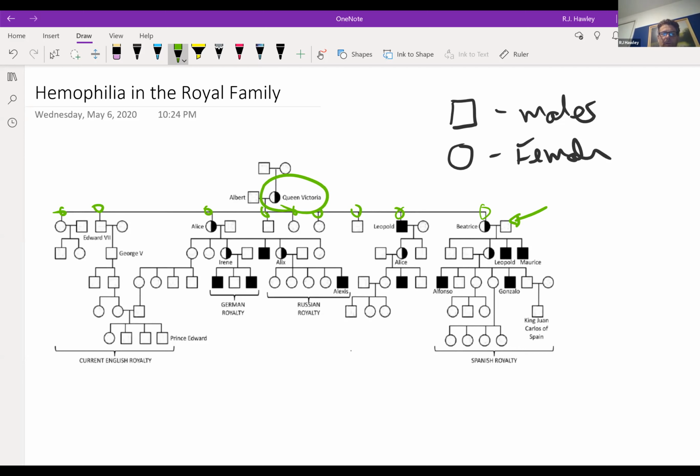So 3 of her kids got her gene for hemophilia, right? So remember that X diseased chromosome, X chromosome. And so there was a girl who was a carrier, that's Alice. And there was another girl who was a carrier, that was Beatrice. And then Leopold was sick. I don't know if he died or not, but it probably was a difficult life.